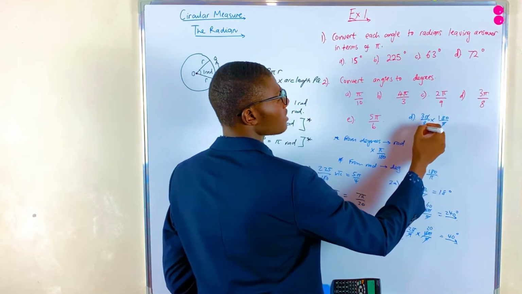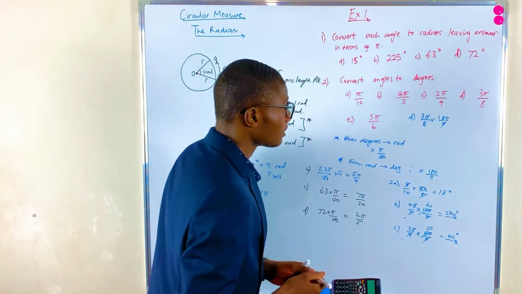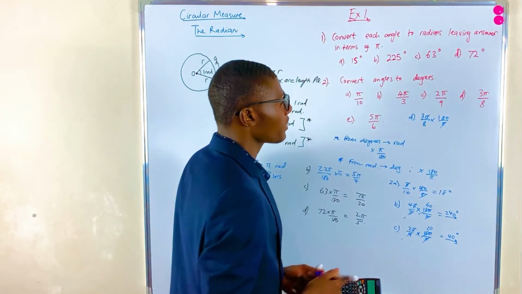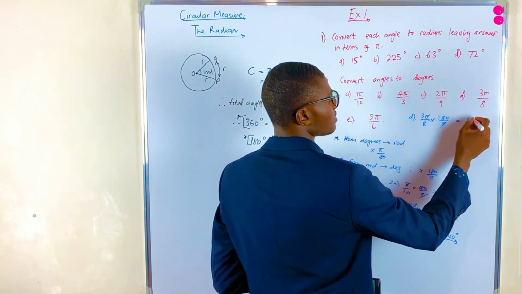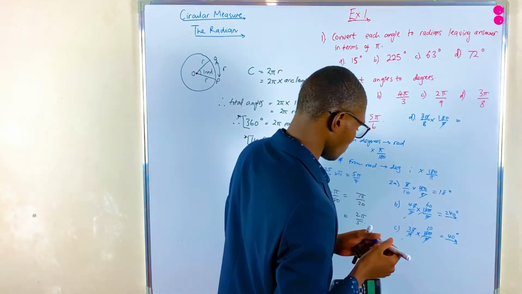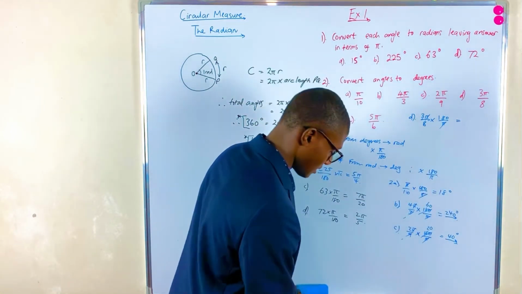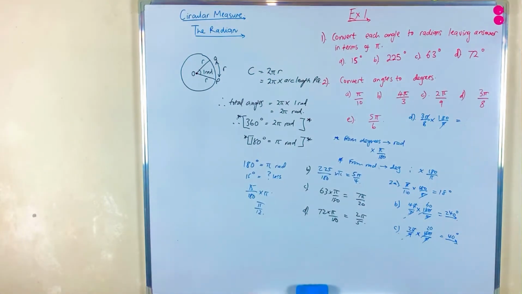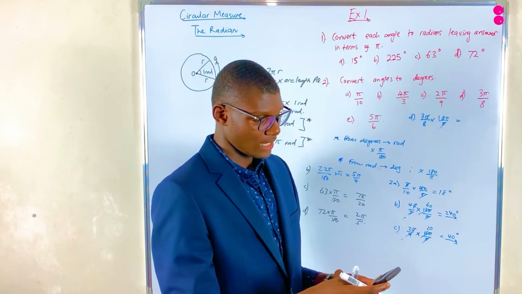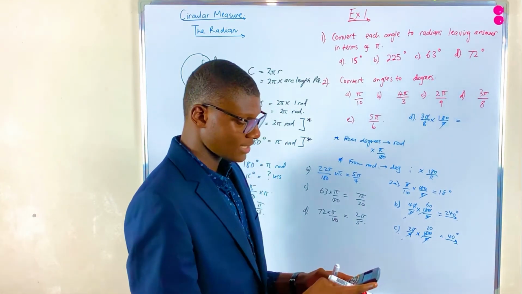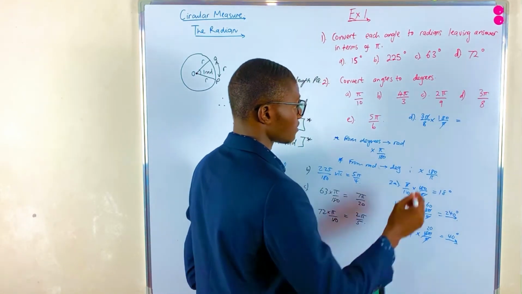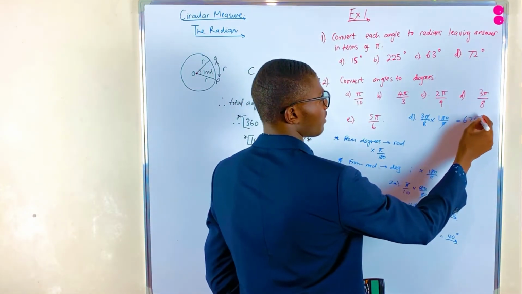If the pi's cancel, we're saying that 8 into 540, we get 60 degrees? Nope, not 60 degrees. Let me check my calculator. Okay, so 3 multiplied by 180 divided by 8, we get 67.5 degrees. So for part D, 67.5 degrees.